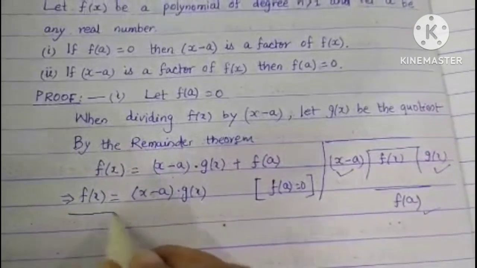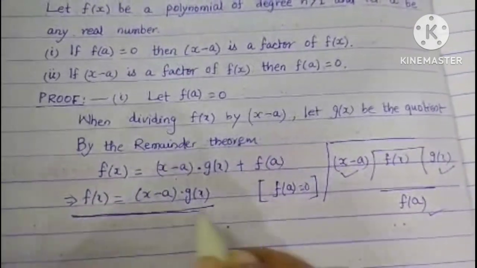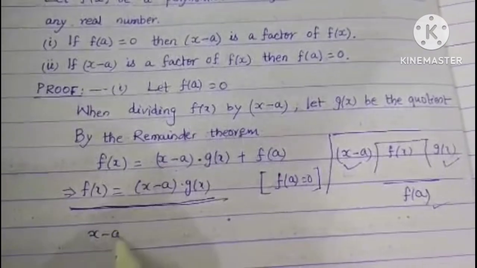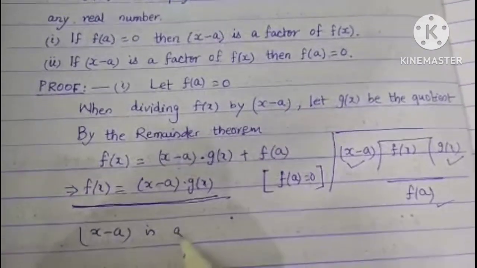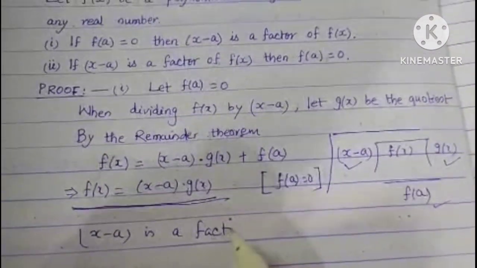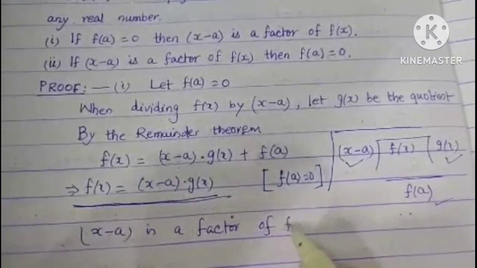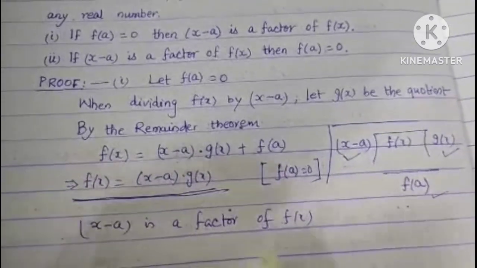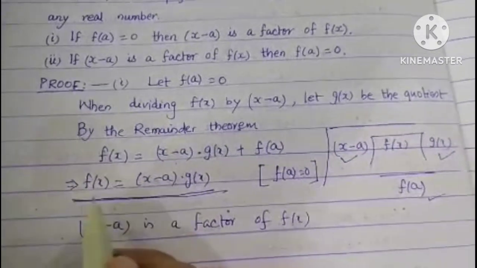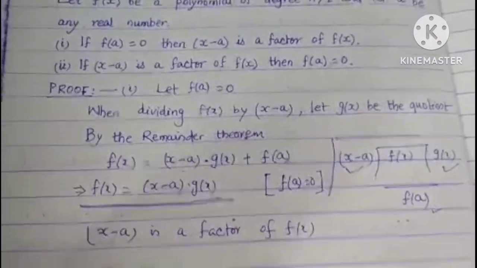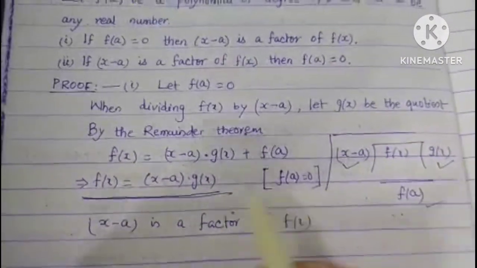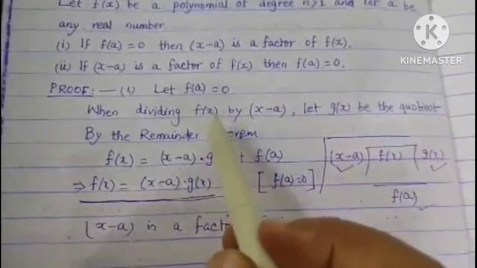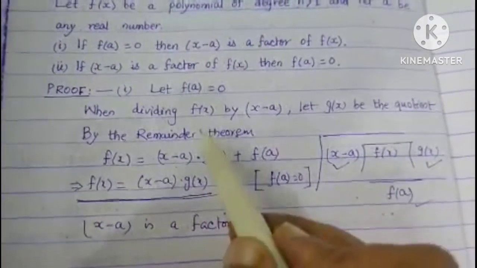What does this statement mean? This statement means that x minus a is a factor of f(x), because it completely divides it. There is no remainder. The remainder becomes 0. So let us say it again.